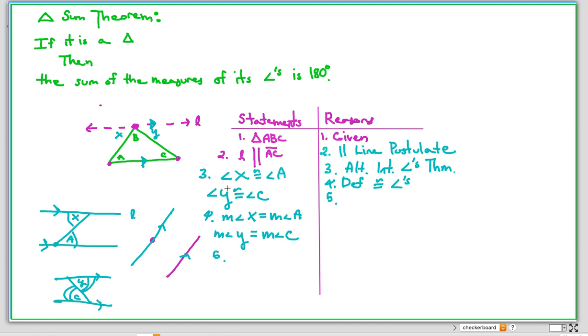Okay. Now let's go with the other statement. We know these three angles together, angle Y, angle B, and angle X, form the straight line.